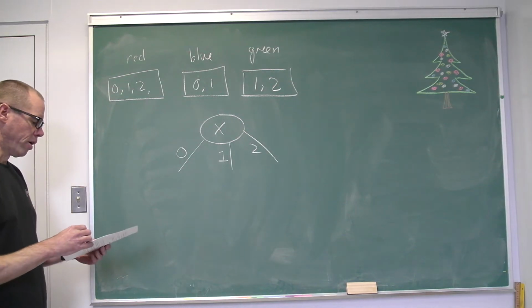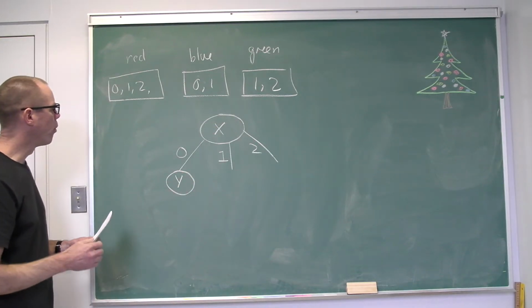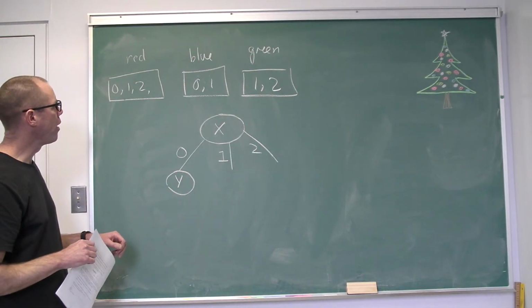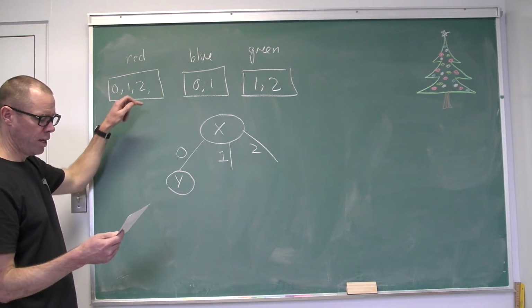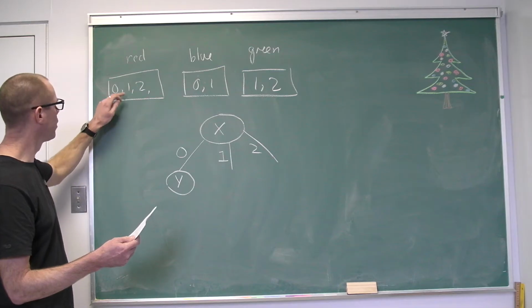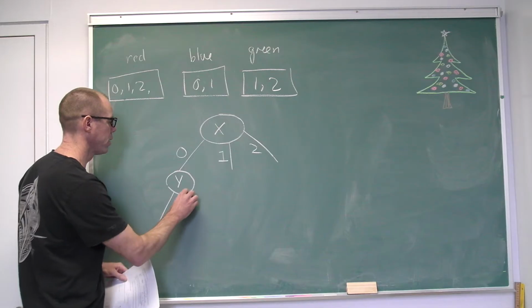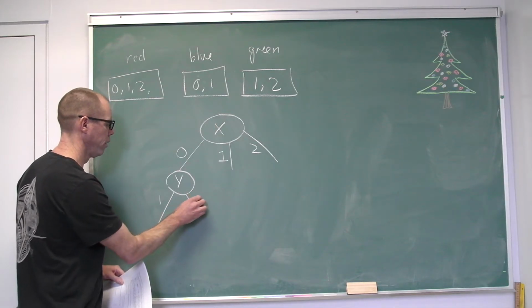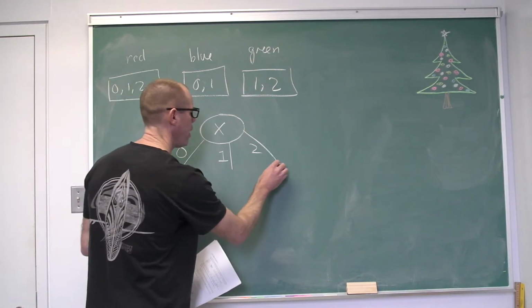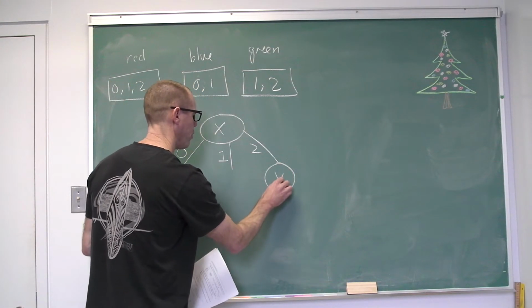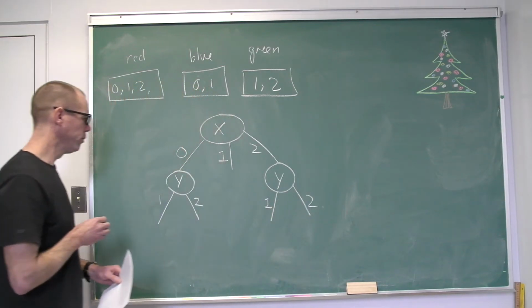If x is 0, then you're going to choose a number that you call y uniformly at random from the green box. Since y is coming from the green box, it could be 1 or it could be 2. If x is 2, you're going to do the same thing: choose something from the green box, which could be 1 or 2.